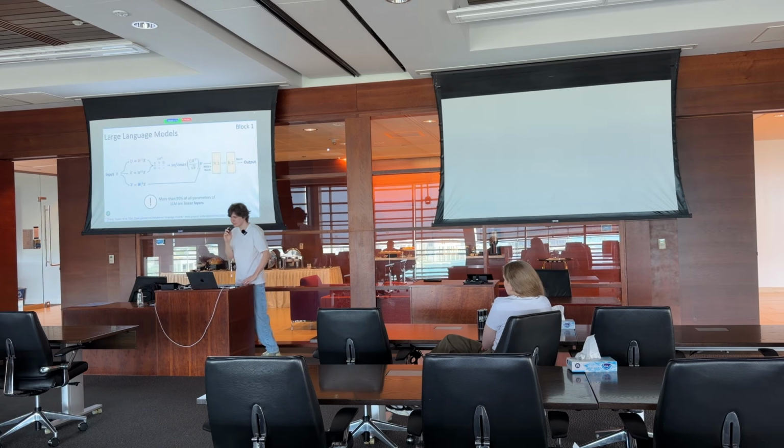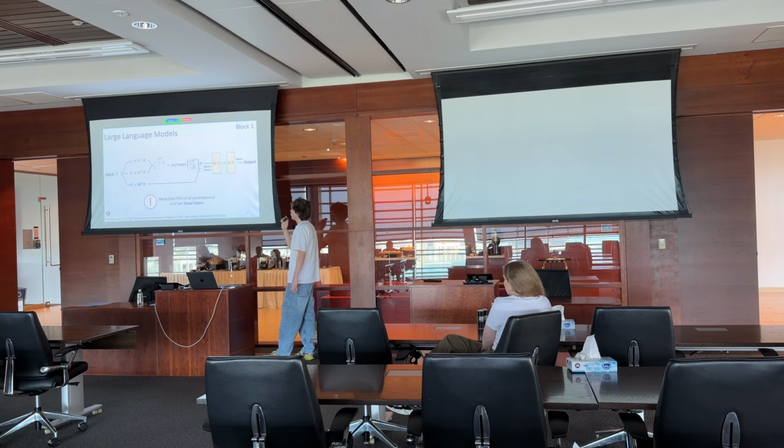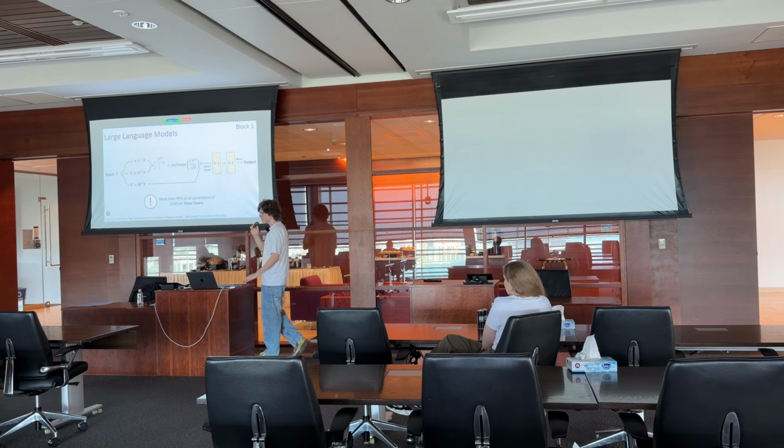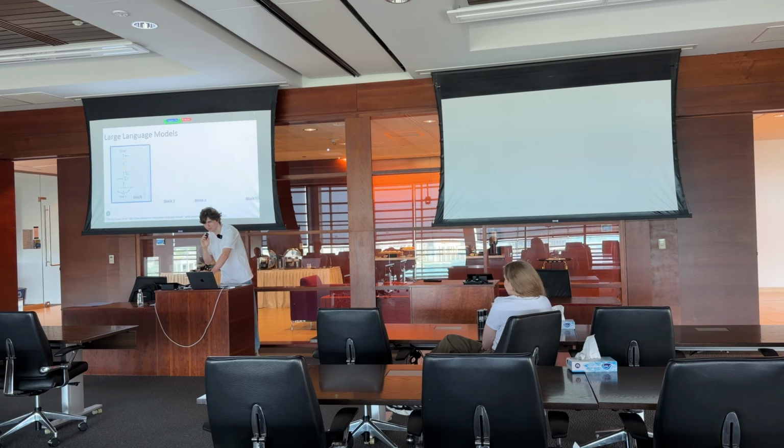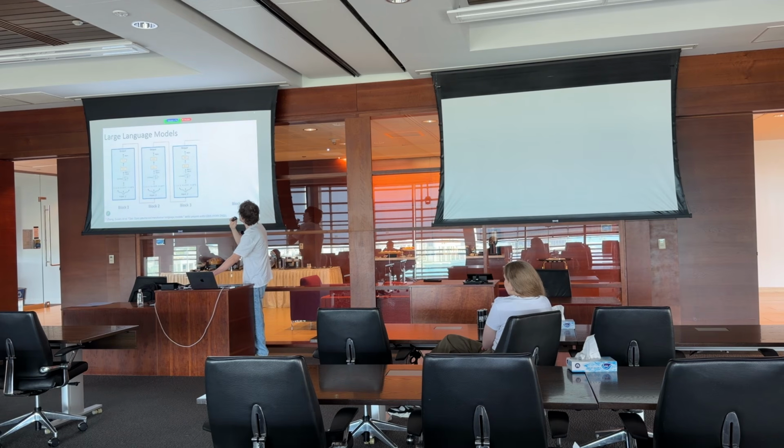What is important here is that all these parameters are just linear layers, matrices, and if we want to make LLMs faster and better, we want to optimize these linear matrices. After we have the output of the first block, we give it as an input to the next one, and so on and so forth, until the very end. And that's basically how it works.